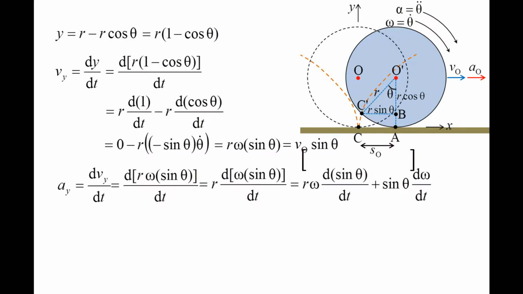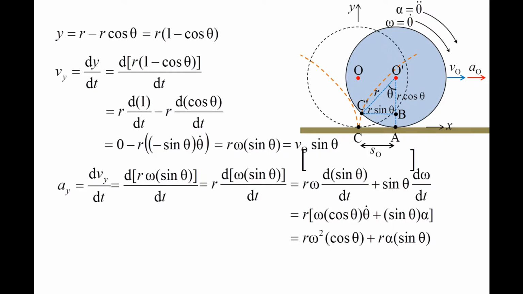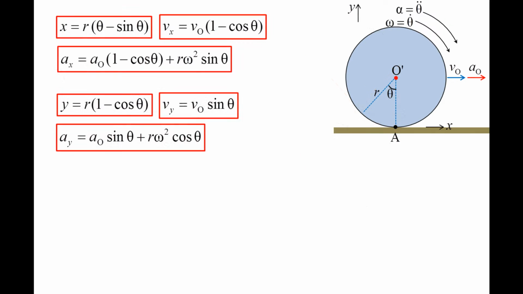We first take the derivative of sine theta, then take the derivative of omega. d sine theta/dt is equal to cosine theta times theta dot, and d omega/dt is equal to alpha. Next we distribute r to both terms and replace theta dot with omega. Noting that r times alpha is AO, we see that AY is equal to r times omega squared times cosine theta plus AO times sine theta.